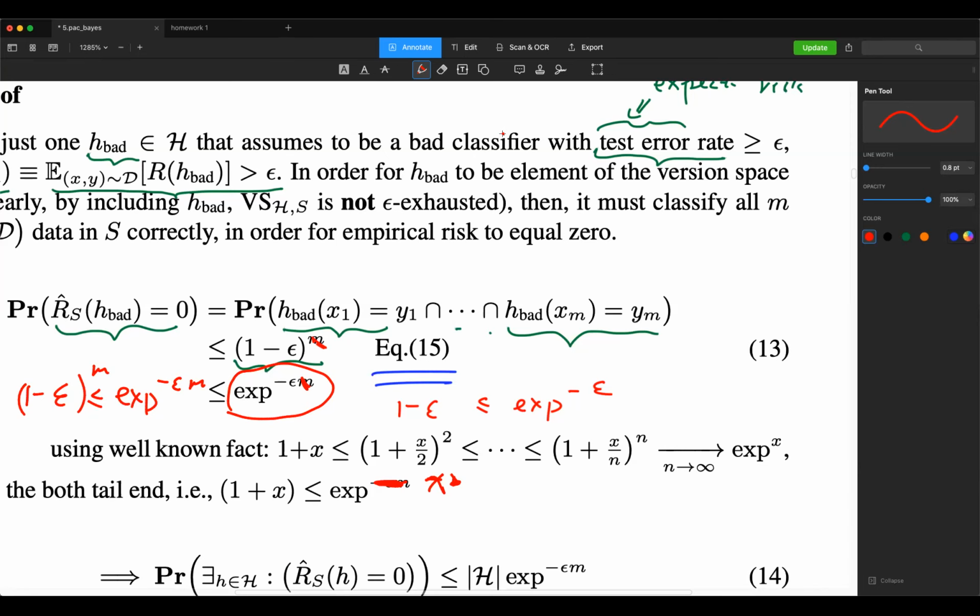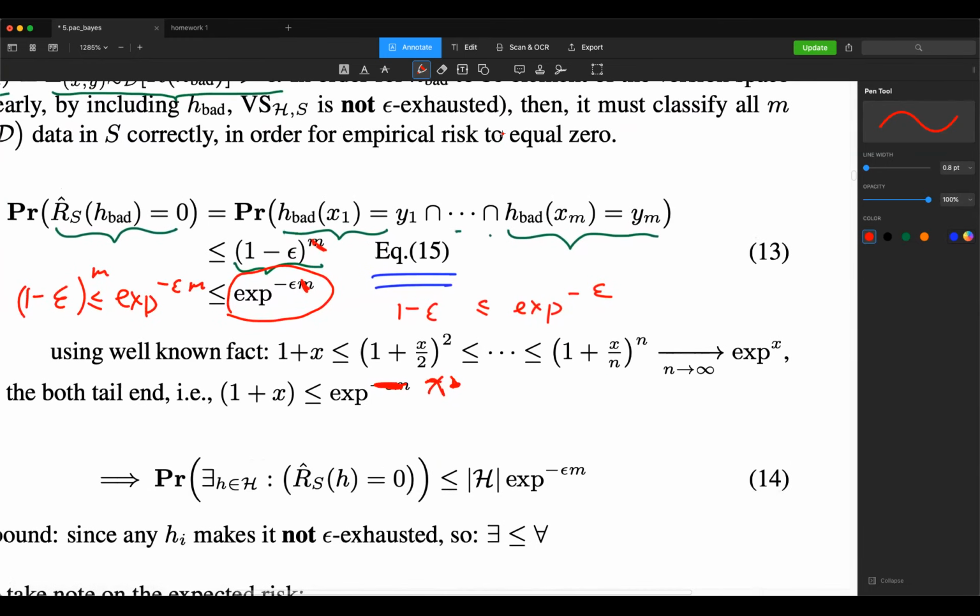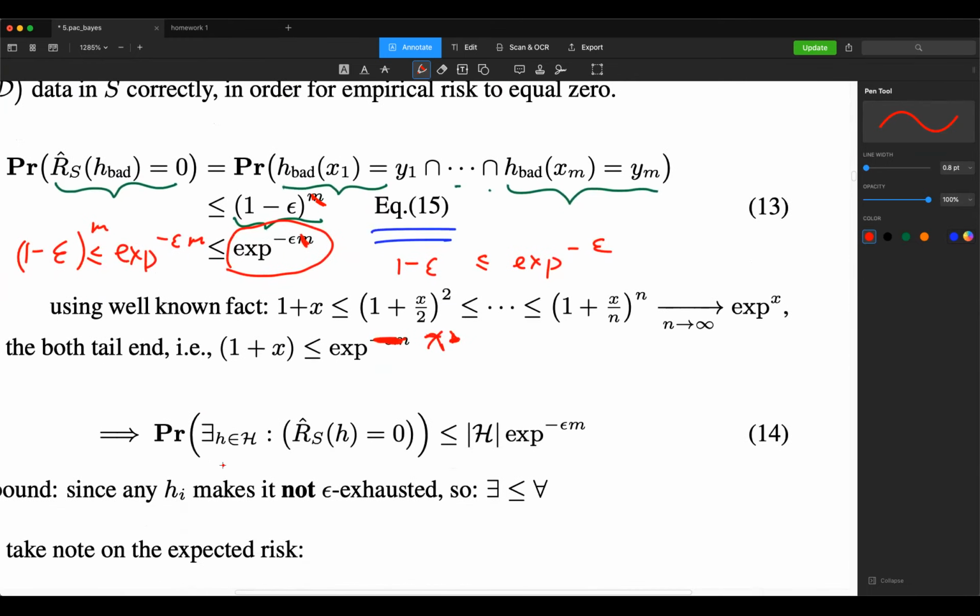So if no more concerns, we need to talk about this term. So remember, I said something about there's got to exist at least some hypothesis where you have 0 expected risk, sorry, empirical risk.